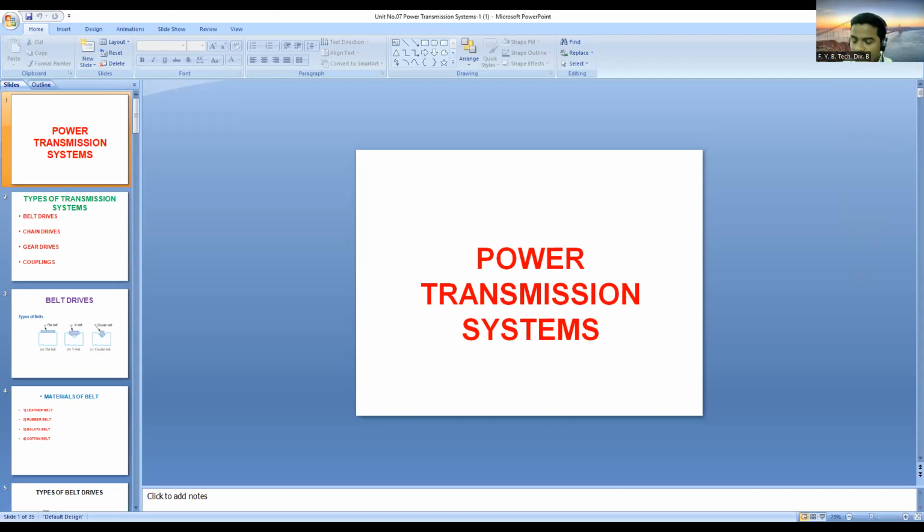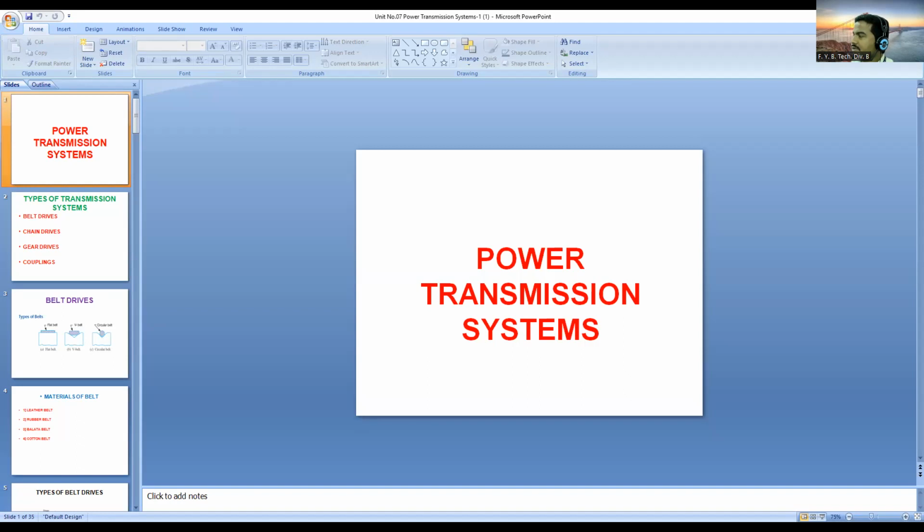Now if you consider a flat belt, normally we have seen the flat belt in the flour mill or conveyor systems. Where there are conveyor systems, we use a flat belt, for the movement of material from one place to another place, right?